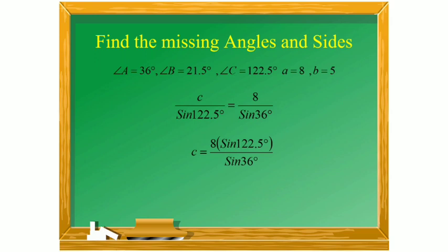So using your scientific calculator, what is the value of our C? Good job. It is 11.48 if we round it to the nearest hundredths. But it's up to you if you want to round it off to the nearest tenths. Your answer will be 11.5.